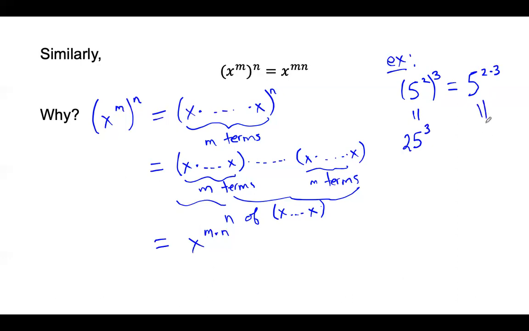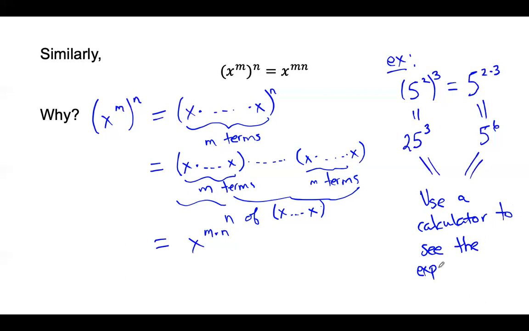And this would be 5 to the power 6. Now, these should be equal. And you could use a calculator to see that the expressions are equal. I'll just leave that for you to check.